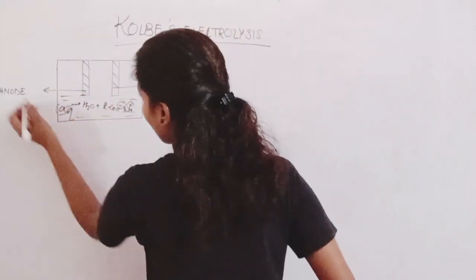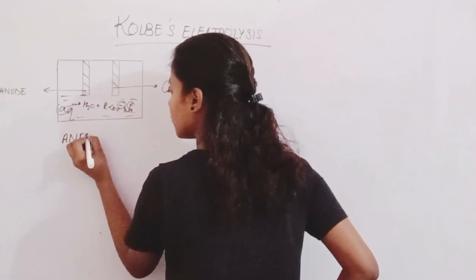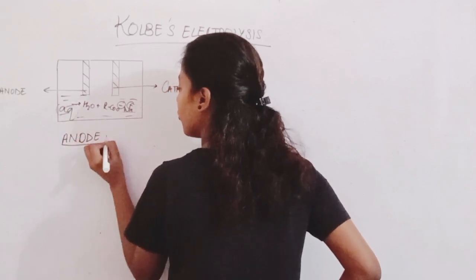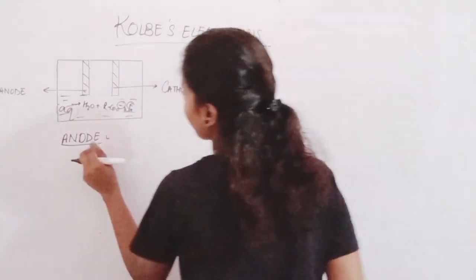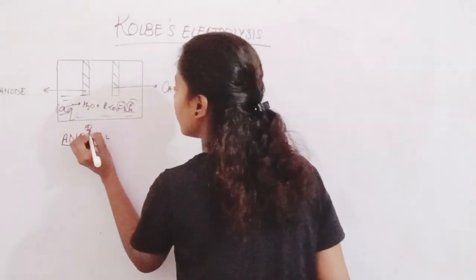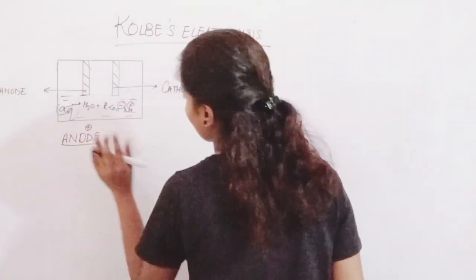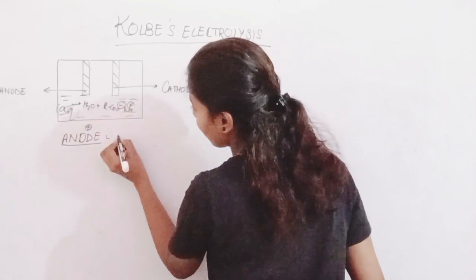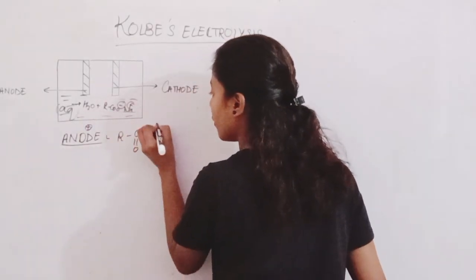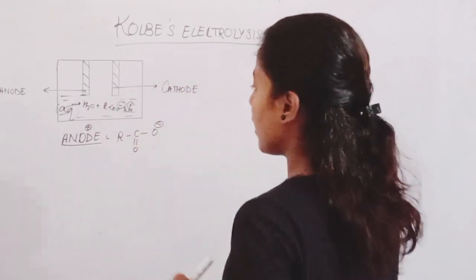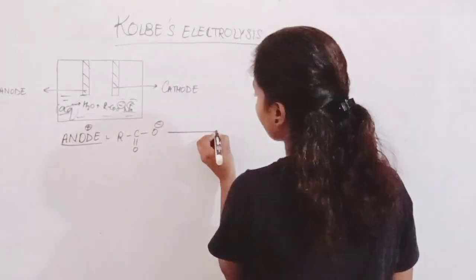So let's first of all talk about anode. What is the story happening at anode? Okay, so here anode itself is positive, so it will want any negative to come to it. Now here the negative part is R along with C double bonded O minus.